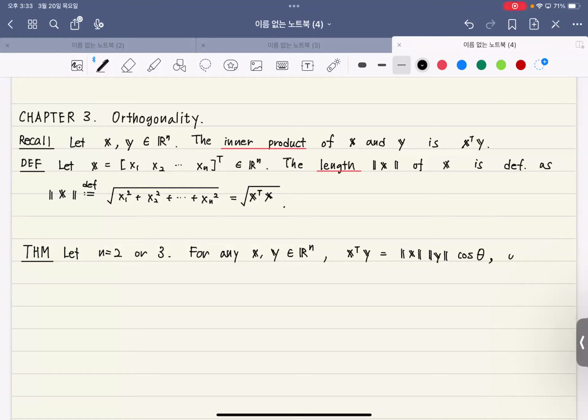Here, theta is the angle between x and y.